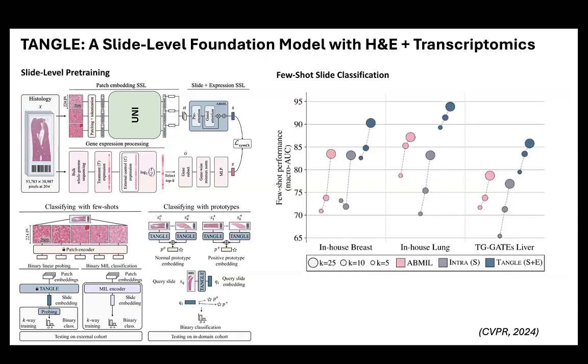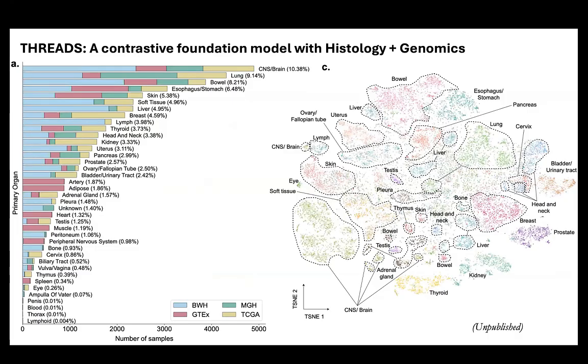So in this toy example, this is also from CVPR last year, where we tried to contrast between image and transcriptomics, and we saw an improvement in few-shot learning performance when we did that. So this was the early indication that this is the area we should scale, like contrasting the image with modalities that are sort of more objective. So that's what we did in this study.